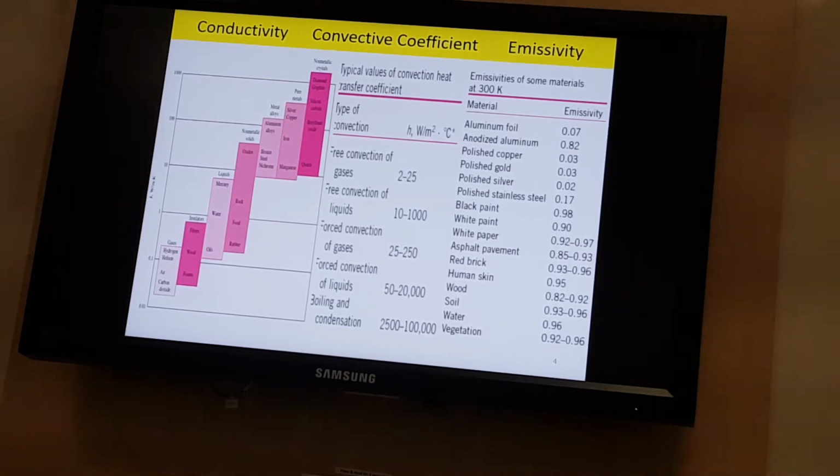Knowing the concept and magnitude of this parameter for certain cases helps you verify your answer when solving. If you find the result is unreasonable, then you should check again, right? That's the thing.